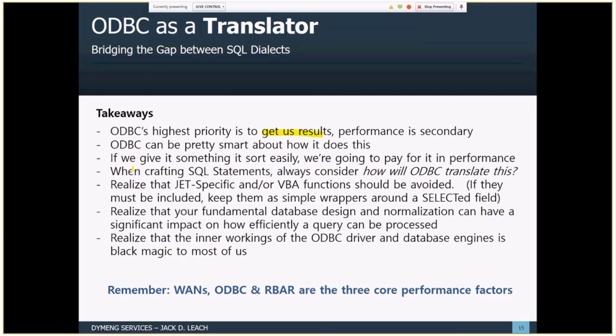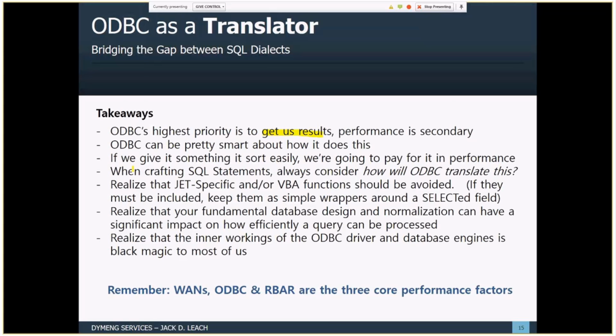And we should realize that JET-specific and VBA functions should, for the most part, be avoided, because in many cases we can't be sure which ones are going to convert cleanly into SQL Server's dialect, or which ones are going to result in a more complex comparison by the ODBC driver, which is where the severe performance problems come in.